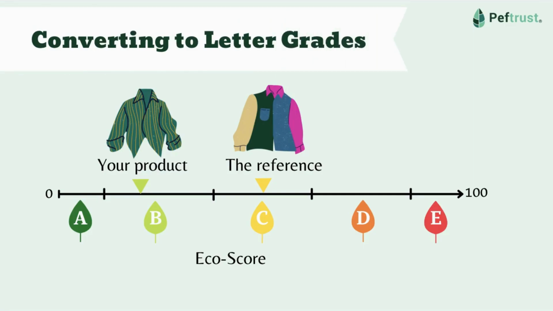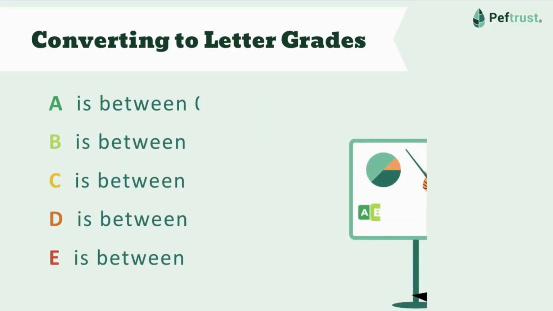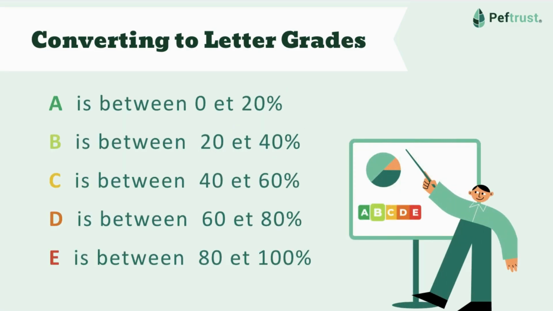Finally, we convert the numeric score ranging from 0 to 100 into a letter grade ranging from A to E. The letter grade system allows for a quick and intuitive understanding of a product's environmental performance. An A grade represents the best score, while an E grade indicates the least favorable score.